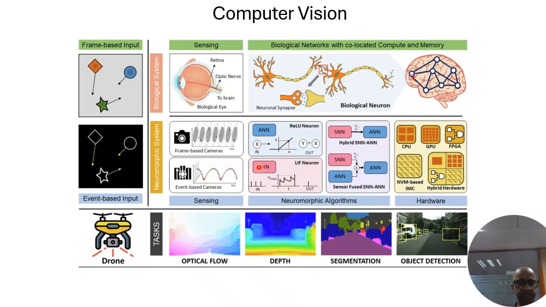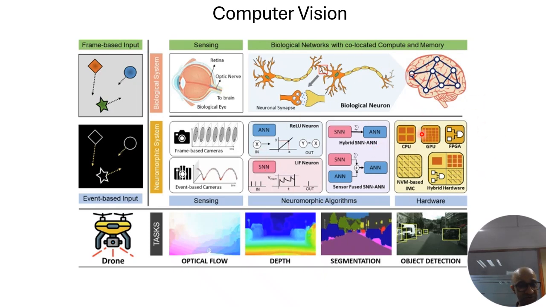And you can have these networks. So you can create either hybrid or sensor fused spiking neural networks, artificial neural networks, and so on. And then you can process information.